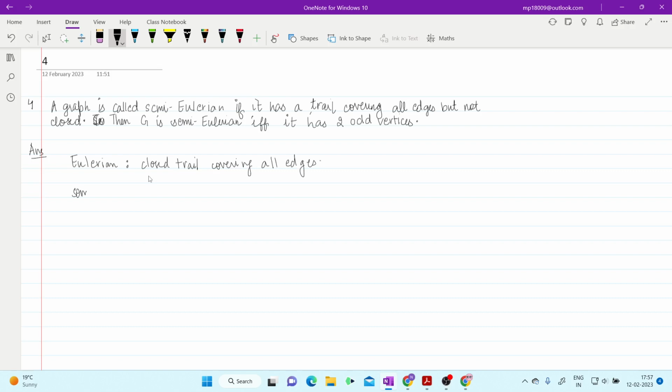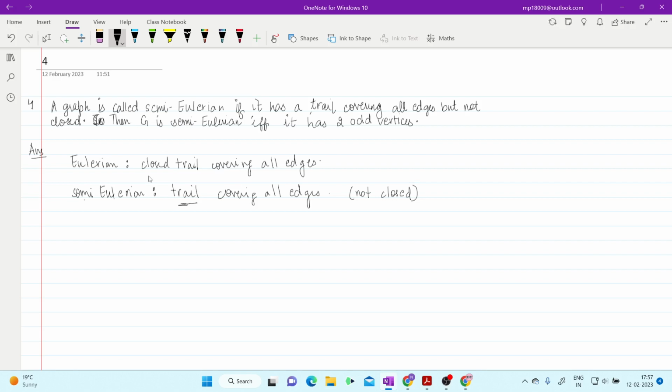But by semi-Eulerian we mean that we have a trail covering all edges and it is not closed. So the initial point and last point need not be the same.